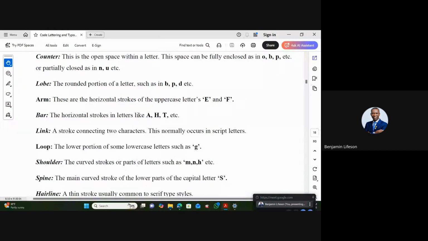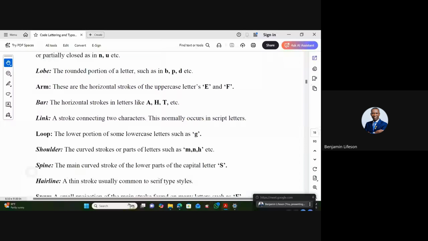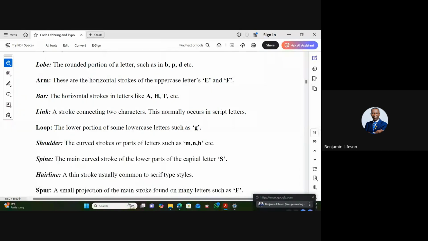Now we move to the next one, which is the bar. The bar is the horizontal stroke in letters like A, H, and T, the bar that crosses it. Then we look at the link.